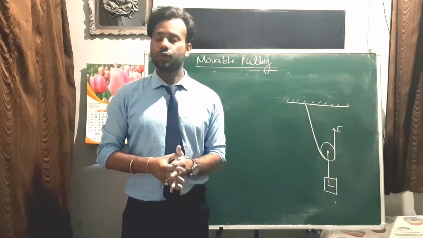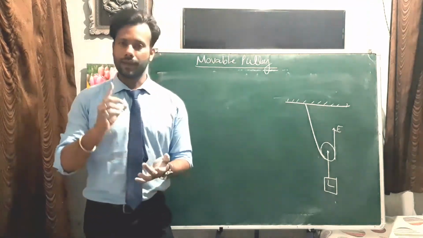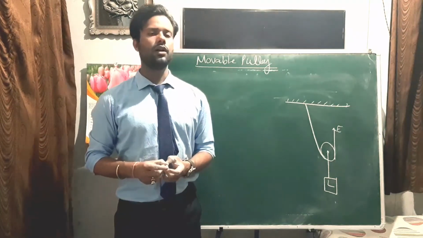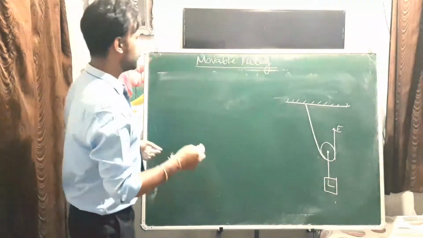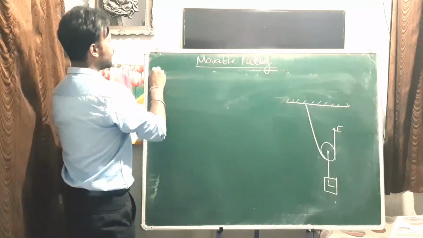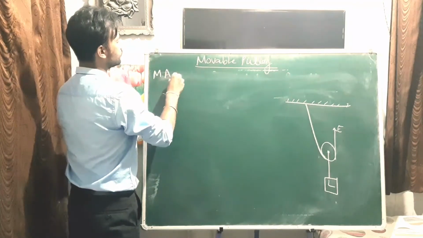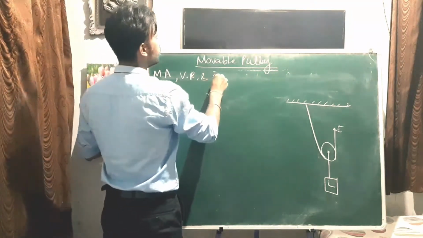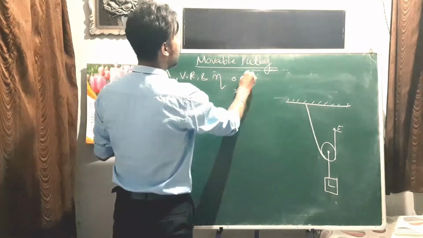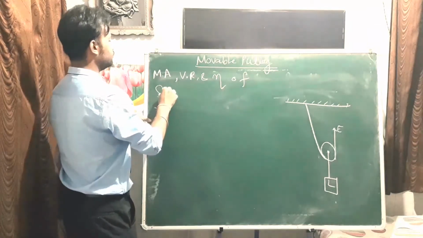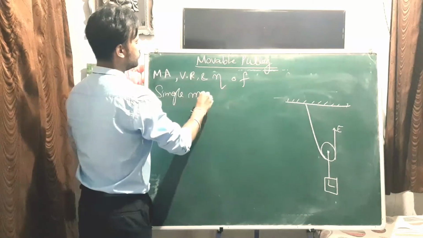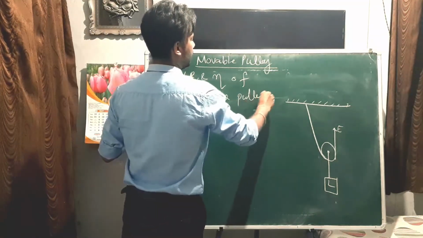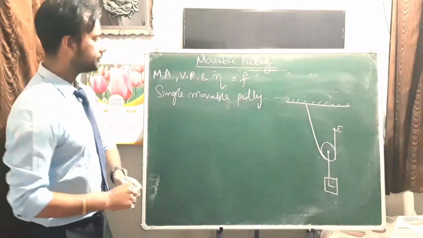So to see this, let's see what is the mechanical advantage, the velocity ratio, and the efficiency of a single movable pulley. So we are calculating the mechanical advantage, the velocity ratio, and the efficiency of a single movable pulley, right?